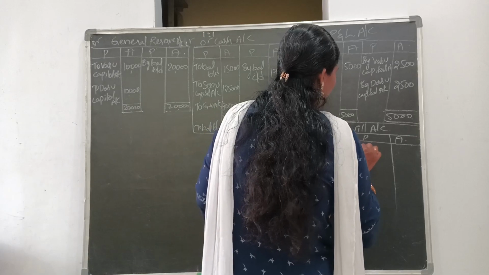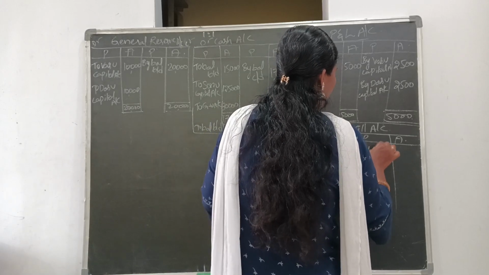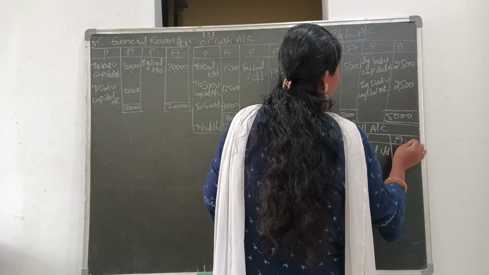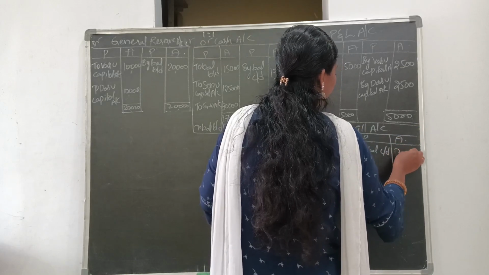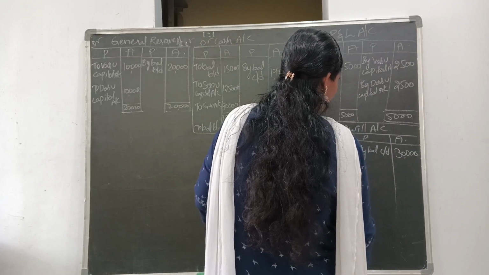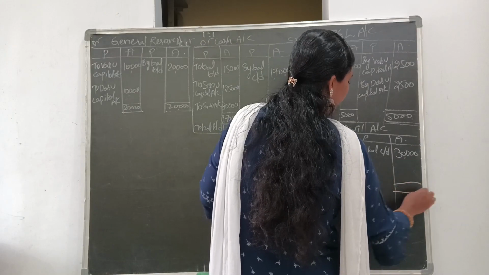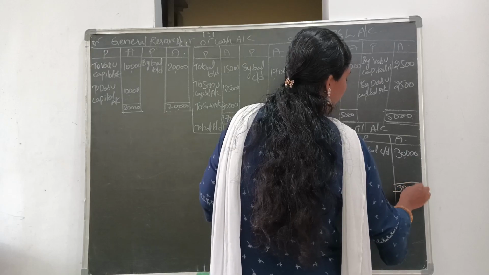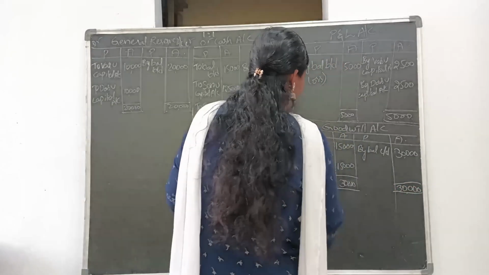So by balance carry down 30,000. So close the account, 30,000, 30,000. So this is the goodwill account.